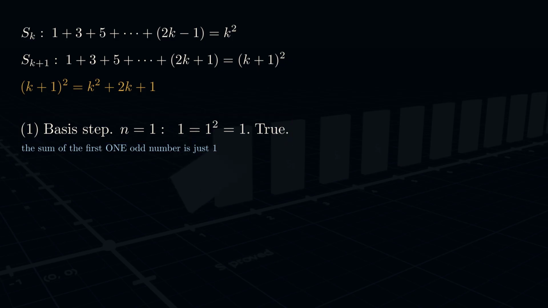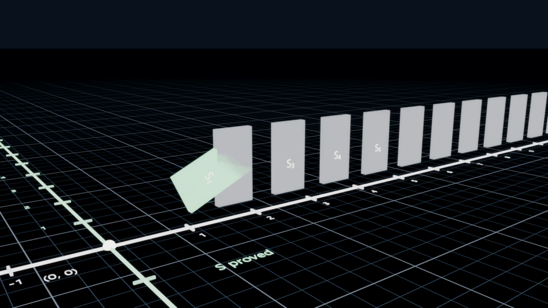I want you to notice how small that was, and not to be suspicious of it. The basis step is usually easy, and your book says so. Its job is not to be hard. Its job is to exist. Without it, the chain reaction has nothing to start from, and at the end of this video, we will see exactly what goes wrong when it is missing.